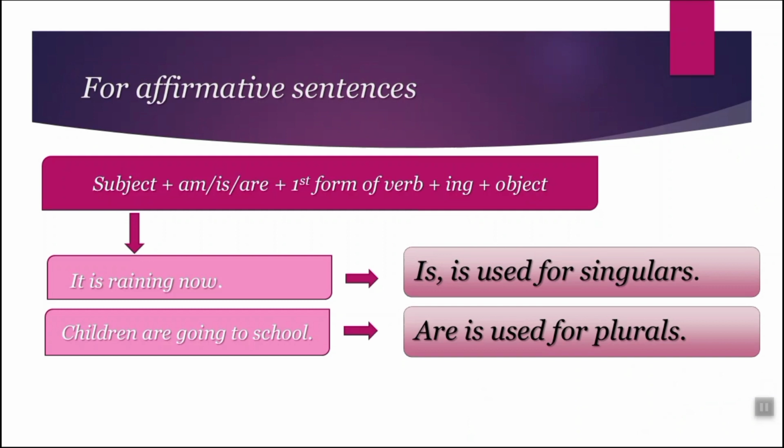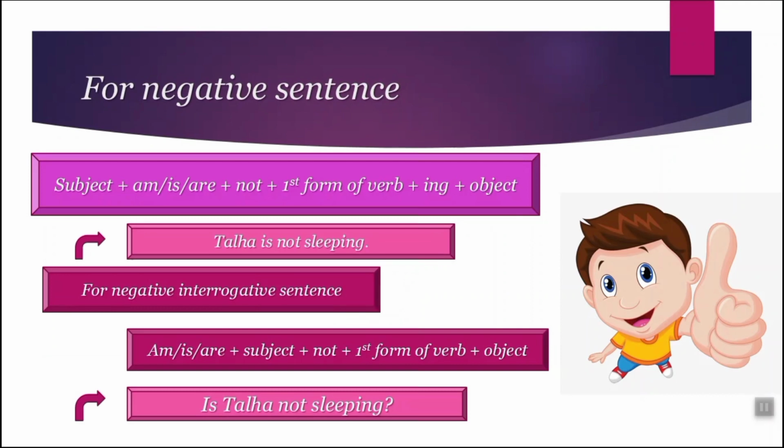The sentence indicates that the action of going to school is happening at the present time, suggesting an ongoing or temporary action. The structure for negative sentences: subject plus am, is, are plus not plus first form of verb plus ing plus object. While the structure for negative interrogative sentences: am or is or are plus subject plus not plus first form of verb plus ing plus object plus question mark.